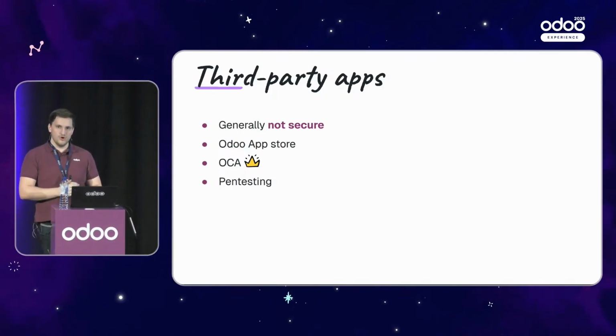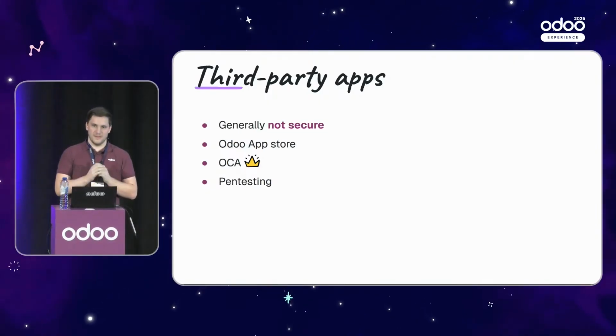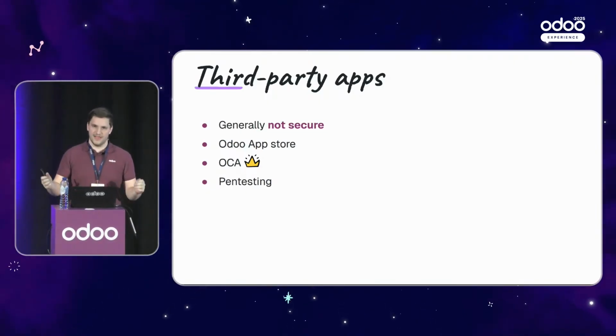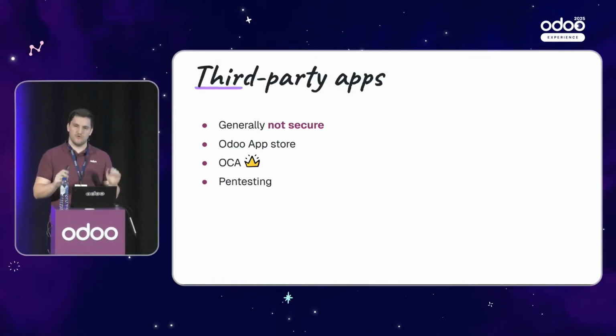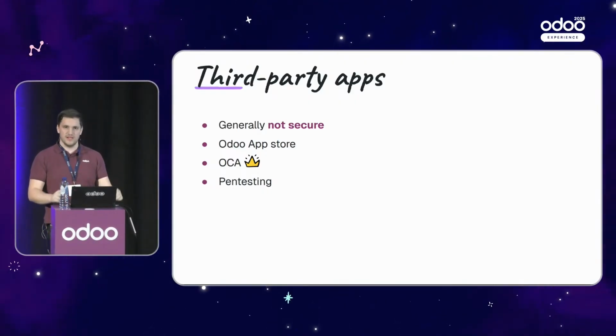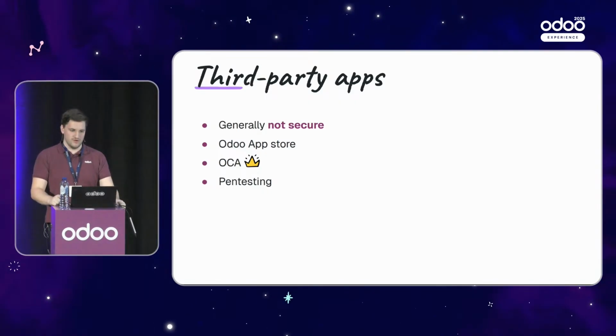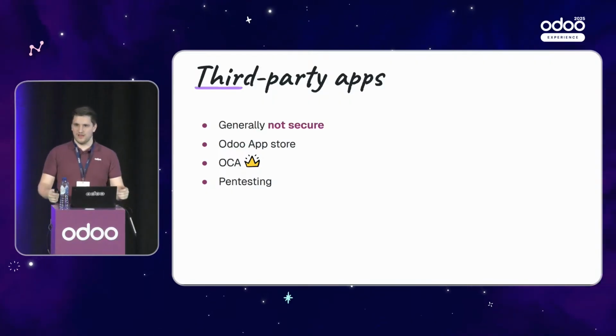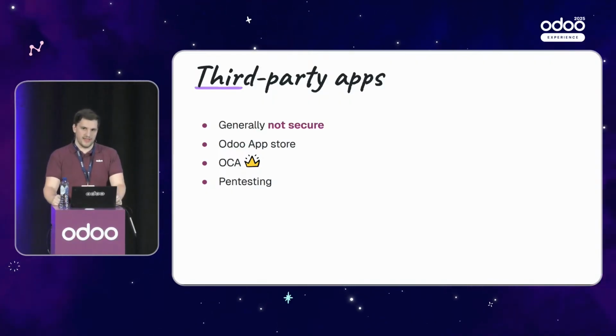However, the Odoo Community Association has created some very impressive applications, and these are usually really secure. So anything related to the OCA is pretty safe to download. Now, let's say your organization does use a third-party application.